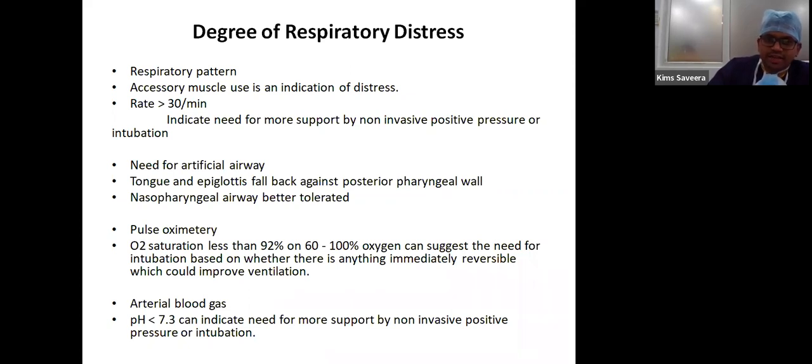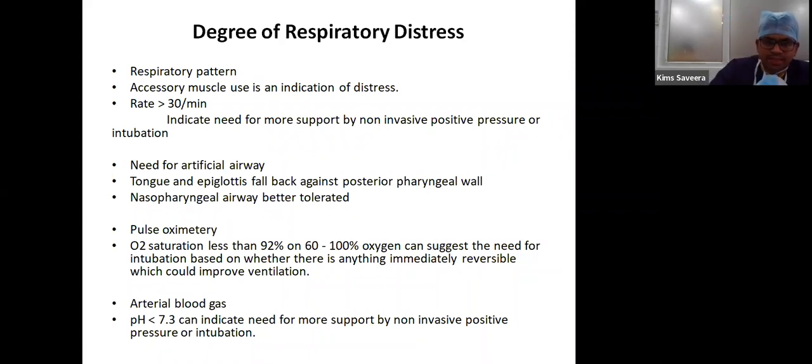An artificial airway is needed when the tongue or epiglottis has fallen back onto the posterior pharyngeal wall, or a nasopharyngeal airway when better tolerated. In pulse oximetry, when oxygen saturation is less than 92% with FiO2, fraction of oxygen, of 60 to 100%, then we need to intubate, or we should look for any immediately reversible causes that can improve the ventilation.